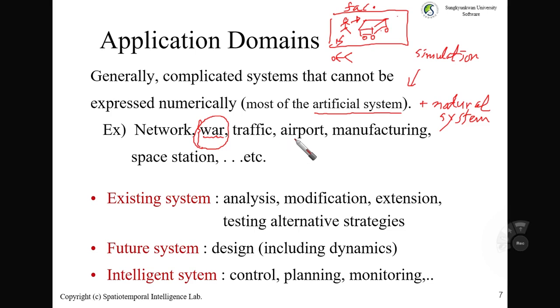And airport, building an airport. Airport is one such complex system. So building an airport requires building a simulation model, definitely. And many manufacturing systems. There are many different manufacturing systems.